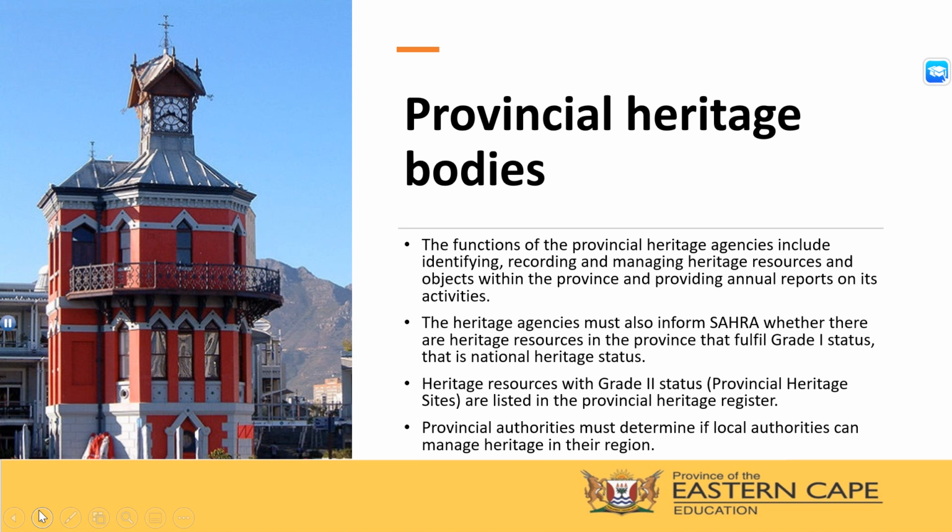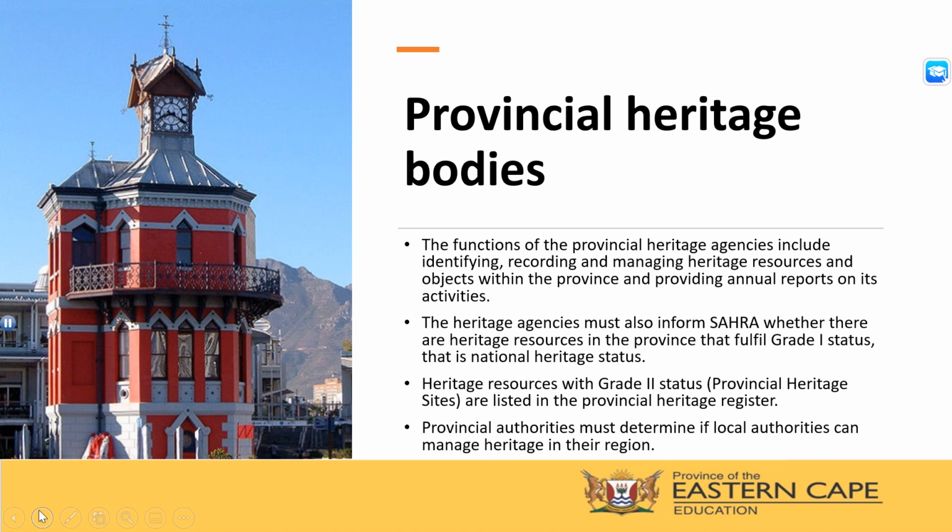And there we come to another category of heritage site, and that is a grade 3 heritage site, which is known as a local heritage site. So you have 3 grades. A grade 1 heritage site is a national heritage site. A grade 2 heritage site is a provincial heritage site, and grade 3 is a local heritage site. Therefore, it is important for the people in that local community.